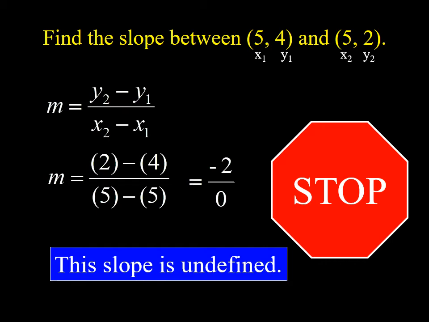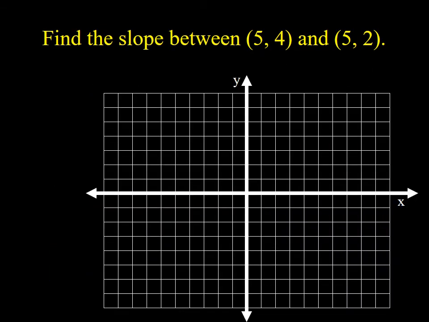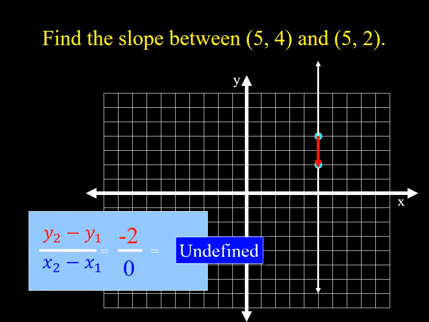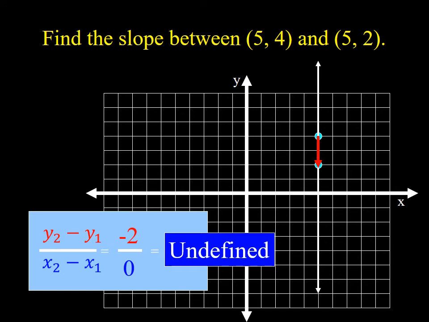This slope is undefined because the denominator equals 0. When we represent it on the Cartesian plane, we will find it's a straight line parallel to the y-axis. If we have a straight line parallel to the y-axis, the slope is undefined.